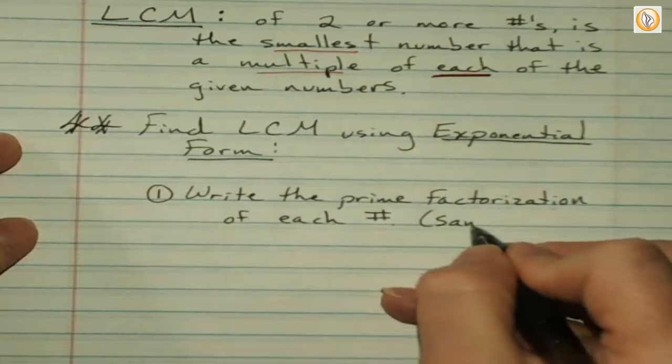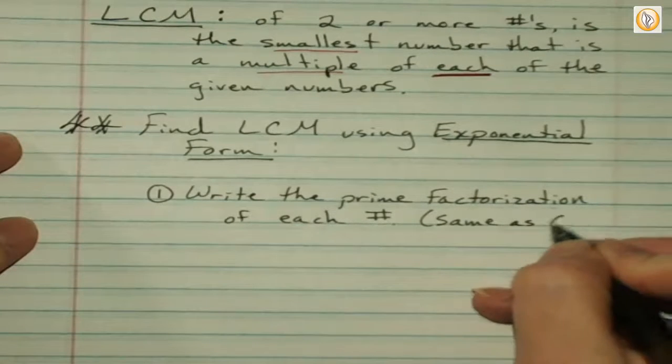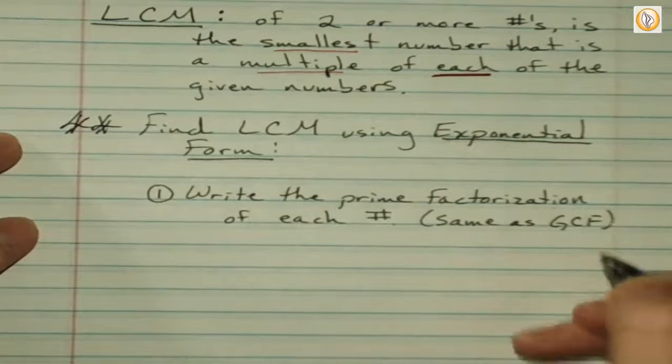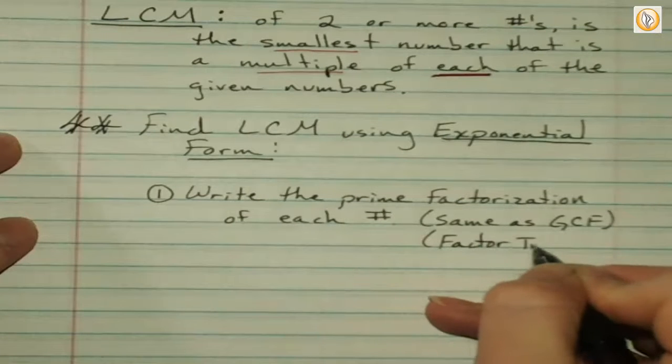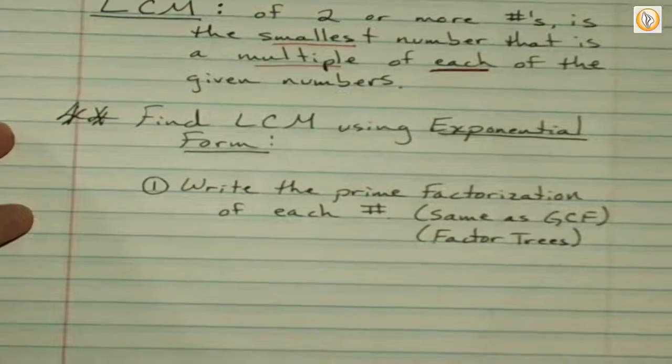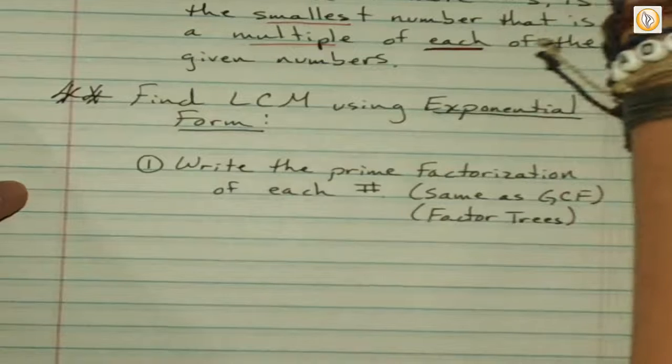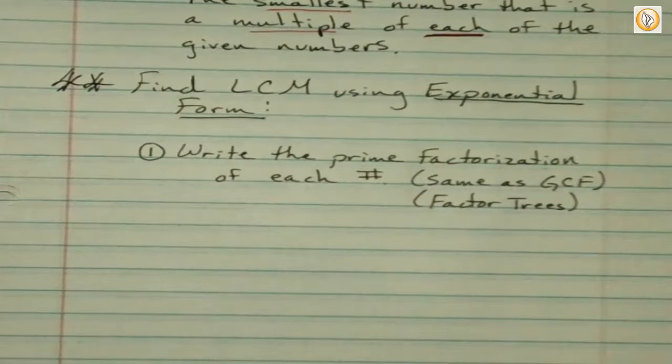Same as greatest common factor, we're talking about factor trees. So step one, you're doing factor trees, and then you're going to write the prime factorization of each number just like we did with GCF. You do the factor trees.